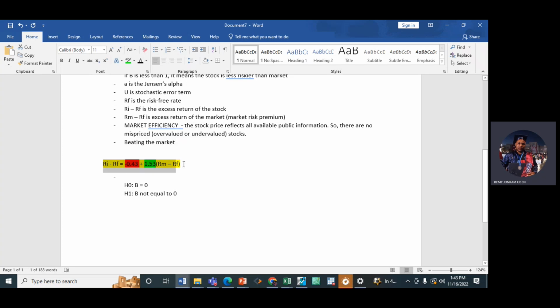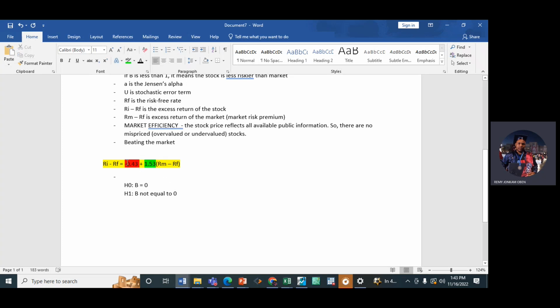Therefore, this stock is fairly priced. It is not mispriced. The market is efficient. But if this alpha is significant, that is, it is statistically different from 0, it means the market is not efficient because we have alpha. So it means there is either an undervaluation or an overvaluation.